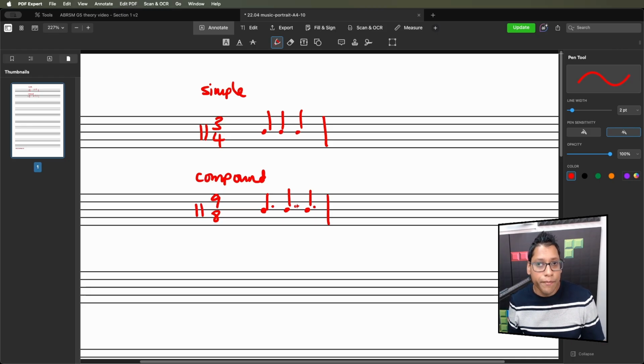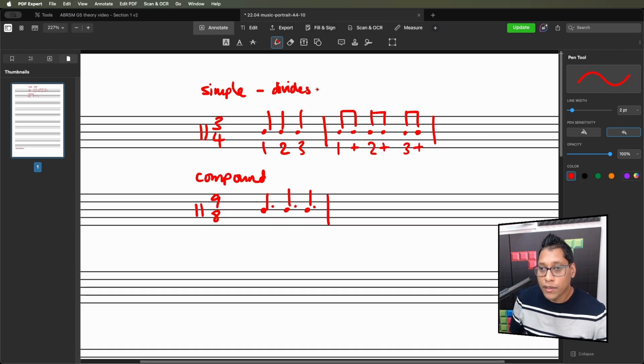In simple time, our beats divide into 2s. So for each of these crotchets, we have to divide it into 2 quavers. We have this 1 and 2 and 3 and, 1 and 2 and 3 and. This is our normal division in simple time.